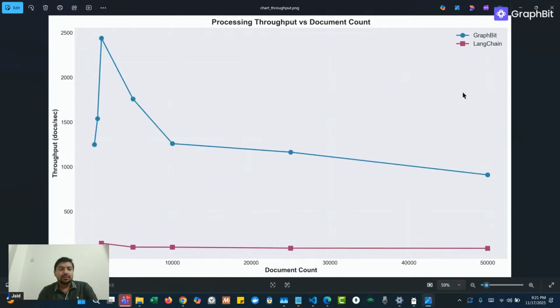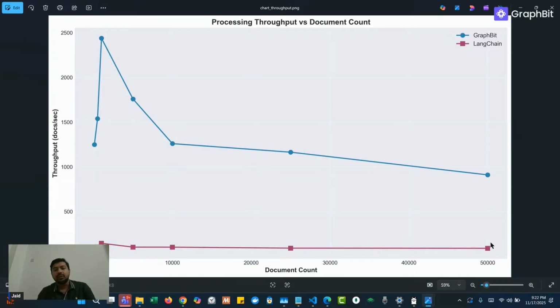If we go to the throughput count, how many documents the end-to-end RAG pipeline has completed, not just document loading and chunking but also the text splitting and query retrieval parts, you can see the task completion per second on average for LangChain would be below 250 at best. It doesn't really get much of an increase in throughput.